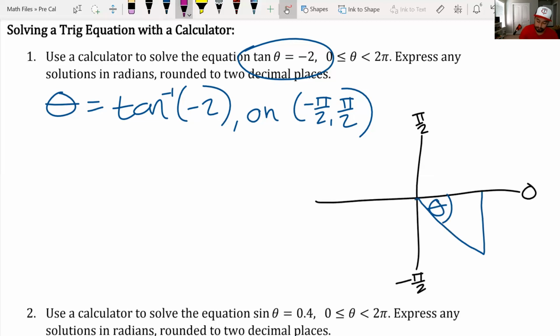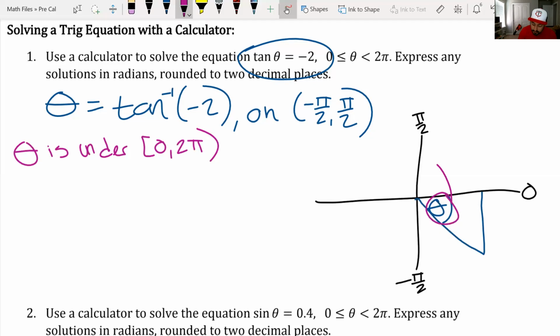So I'll say theta is under 0 to 2 pi, which means that we have to fix this. We have to take this theta and put it back into the unit circle, 0 to 2 pi.